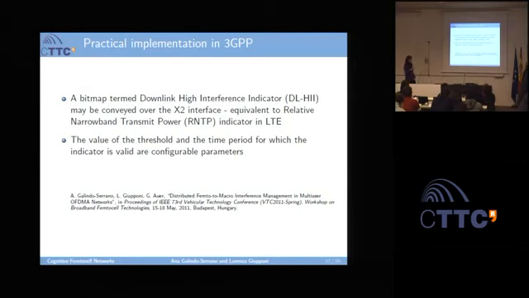This indicator tells us with 1 bit per resource block where we have high interference or low capacity, or I mean, we can use this idea to design our indicator. And of course, the threshold and the time period for the indicator are configurable parameters. You can find more information in this paper.